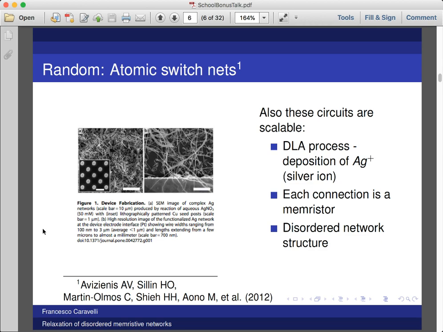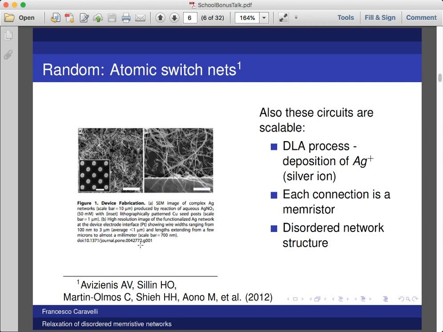For instance, in the case of atomic switch networks, if you want complex networks, as in very dense networks of silver ions, you start from a seed, and you start the deposition of silver ions in the material. This is going to build several filaments.